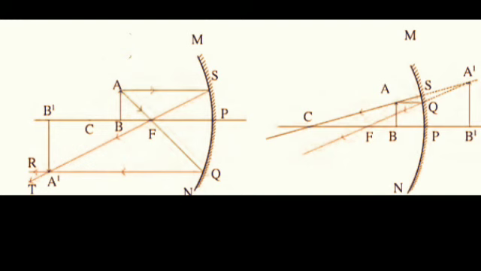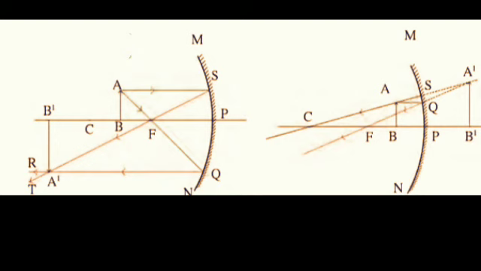As shown in the diagram, an object AB is placed between the focus and the center of curvature of the concave mirror MN. The incident ray AQ starting from A and going through the focus F becomes parallel to the principal axis after reflection and returns along QR.